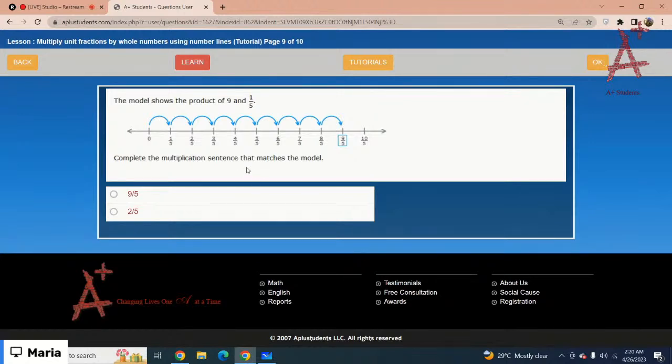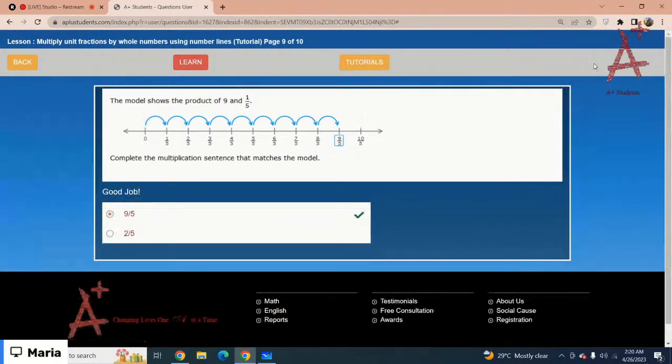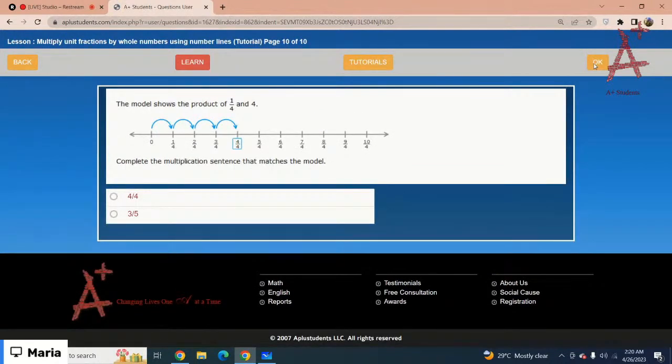The correct option is 9 over 5. Yes, the correct option is 4 over 4.